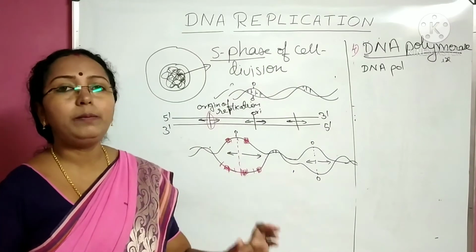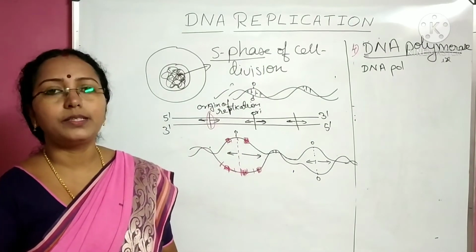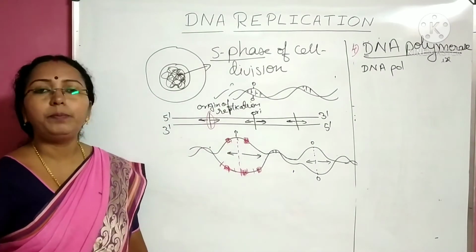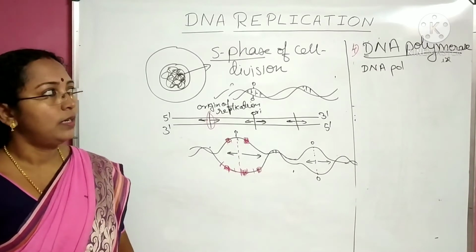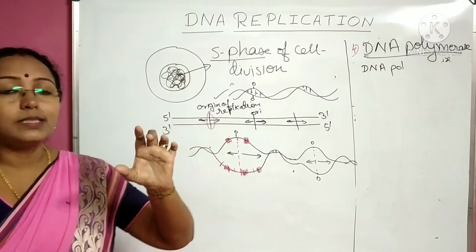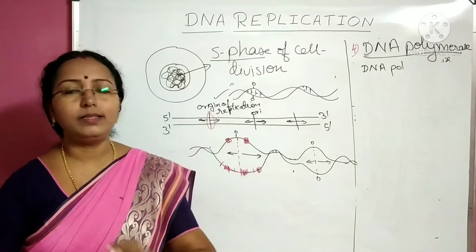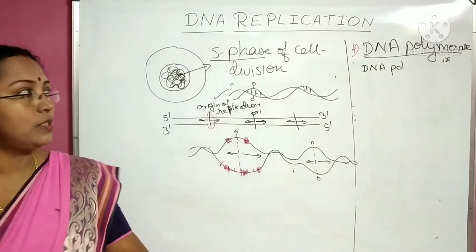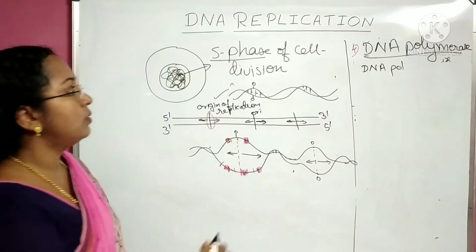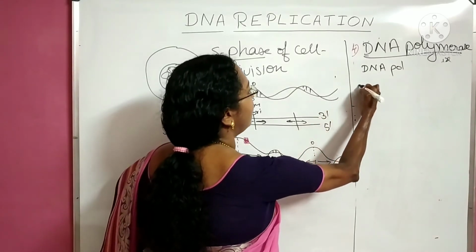So this is a key player in DNA replication. Now we should know certain features of this key player. That is very important. What are those key features?